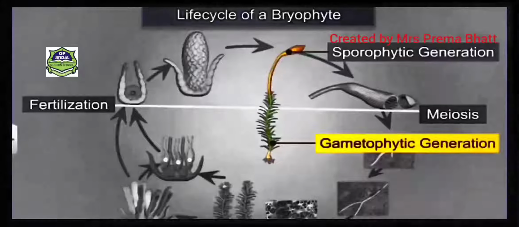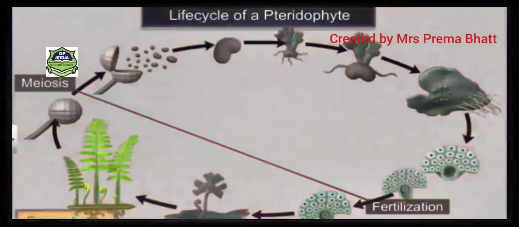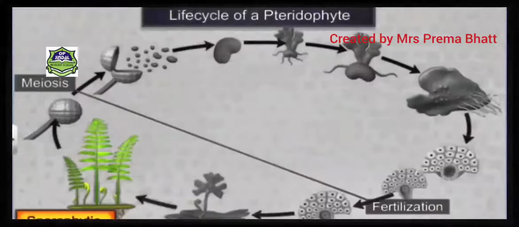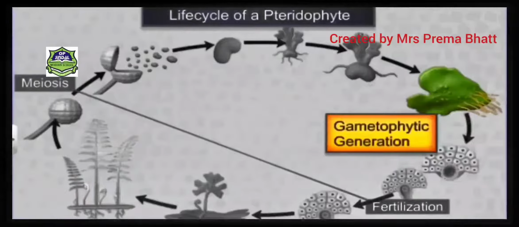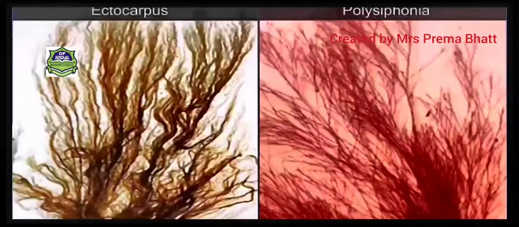Whereas in pteridophytes, the main plant body is the sporophyte, which is dominant, whereas the gametophyte, though it can perform photosynthesis, is comparatively limited. So we will say it is also a haplodiplontic life cycle with sporophytic dominance.